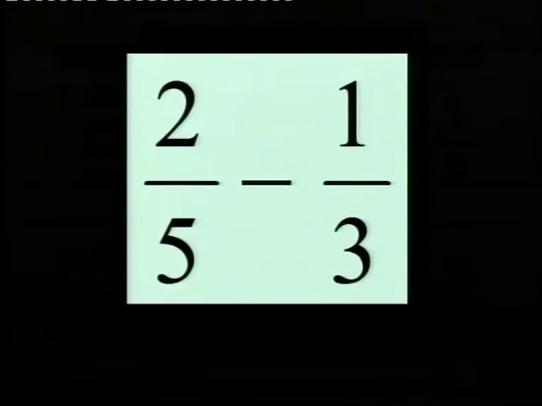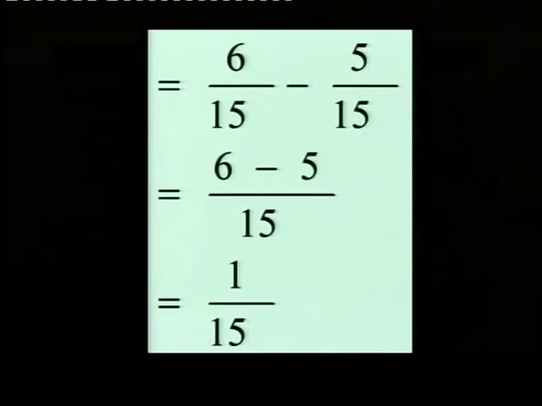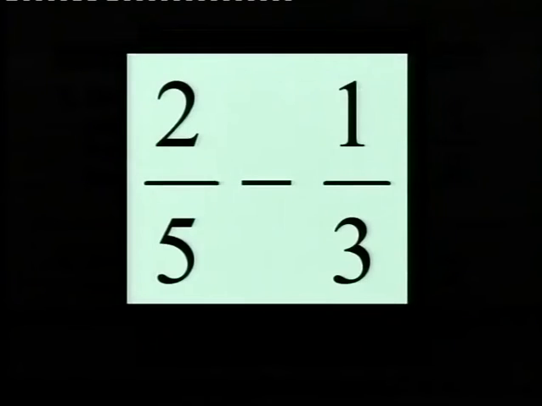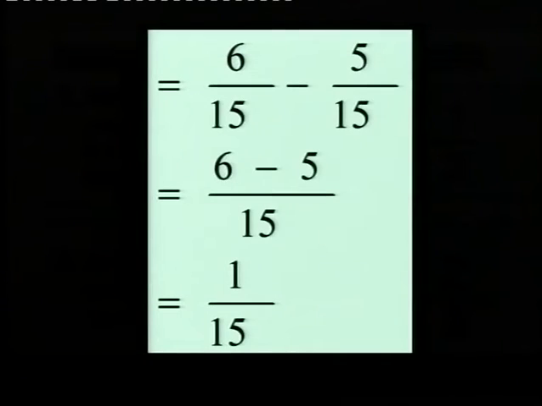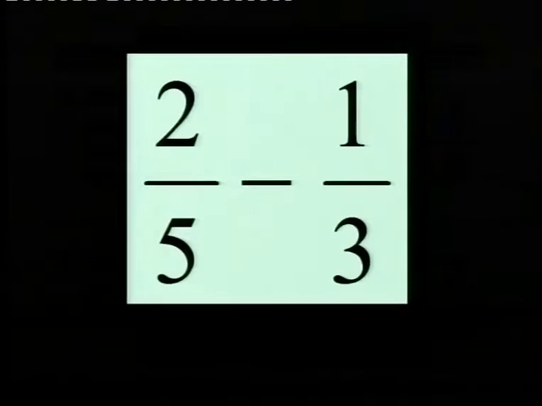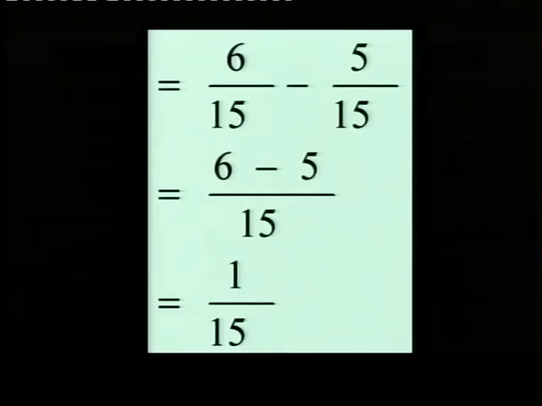The same rule also applies when subtracting. 2/5 take away 1/3. You also get the lowest common denominator, which is 15. The equivalent fraction of 2/5 is 6 over 15. The equivalent fraction for 1/3 is 5 over 15. So with the lowest common denominator, 15, 6 take away 5 is 1 over 15.